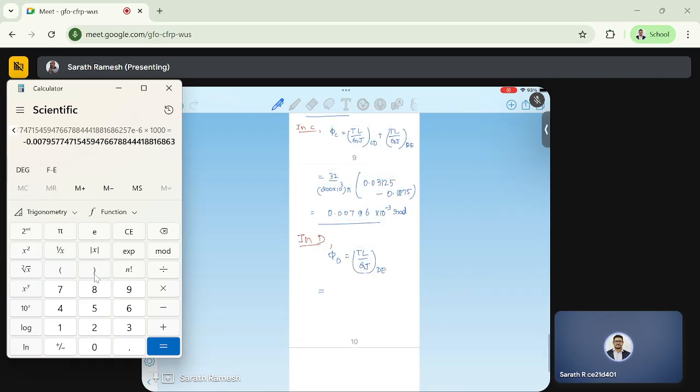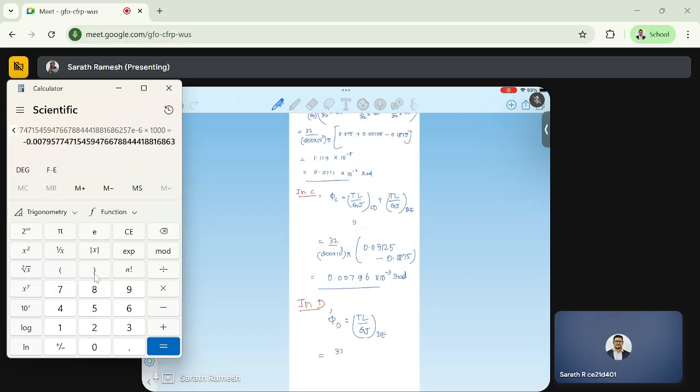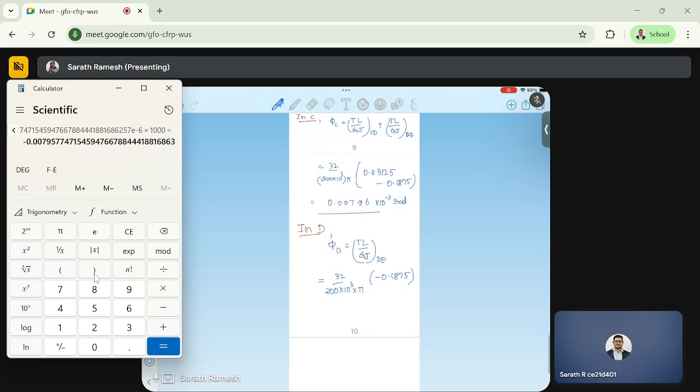This is equal to 32 by 10 power 3 into pi into minus 0.1875, that is 0.1875 into 32 by 200 123 into pi into 1000.